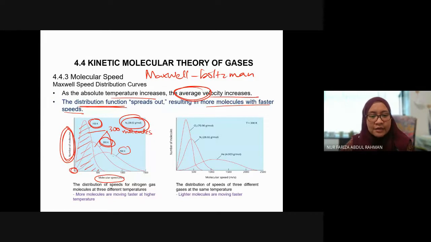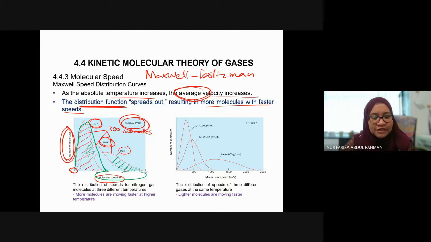Kenapa makin landai? Sebab more molecule, luas bawah graf more molecule will have higher molecular speed. Nampak? Pergi ke kanan, the speed become higher. So lagi banyak molecule having higher speed ataupun faster speed compared to yang tinggi 100 K ni. Okay?